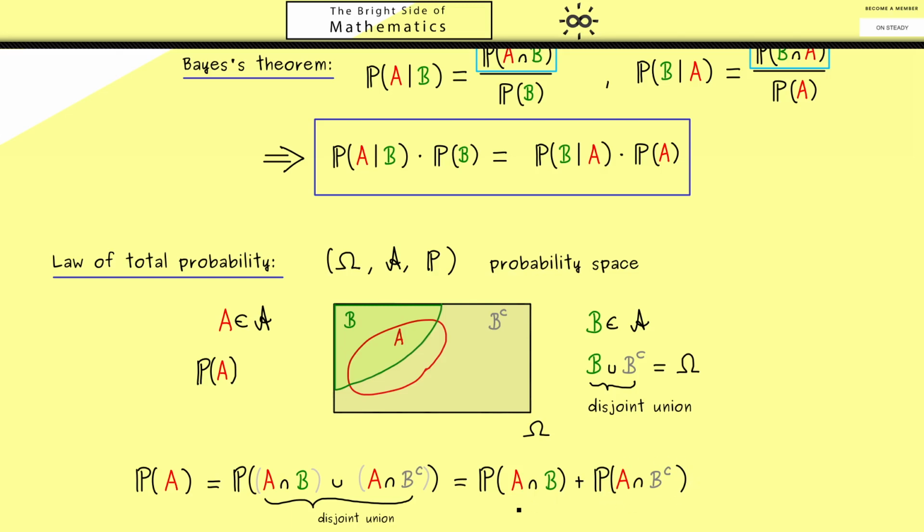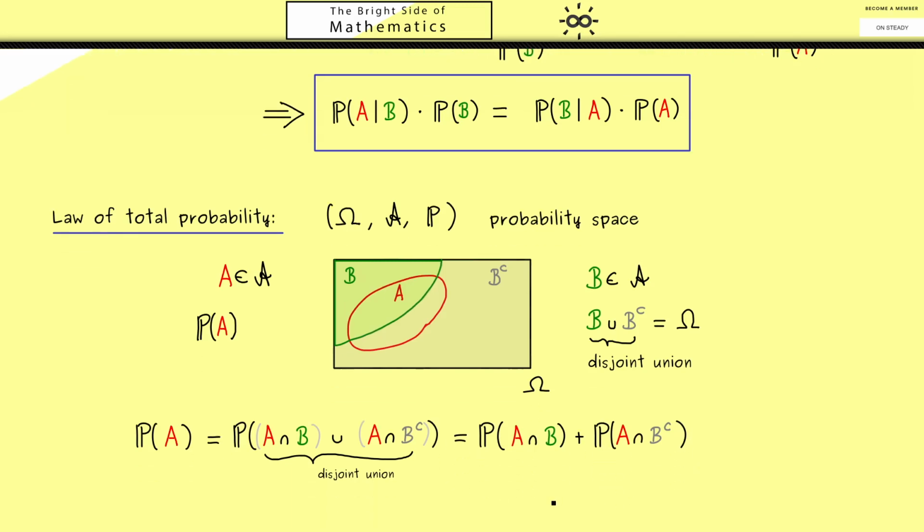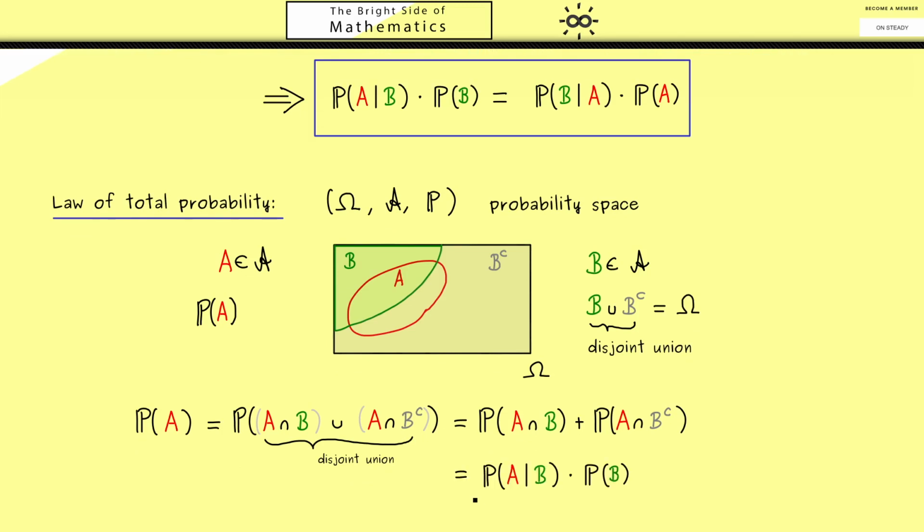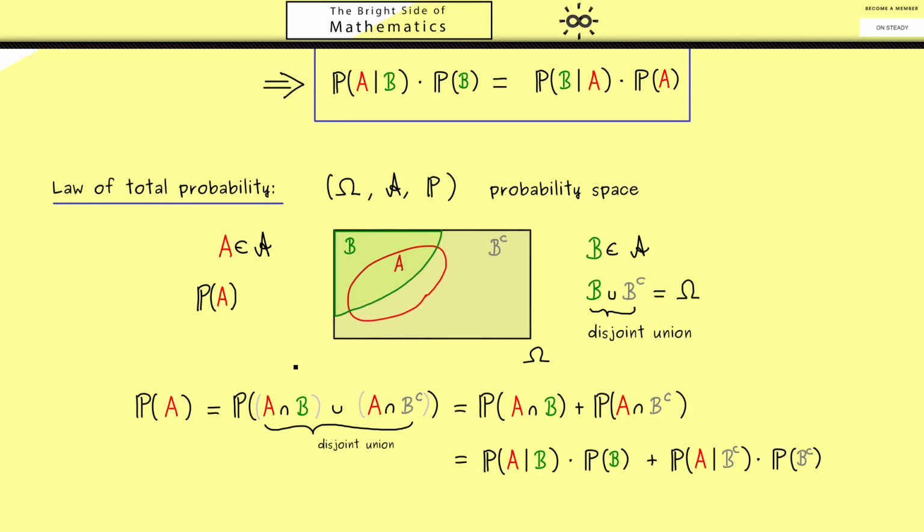Now as before, an intersection we can rewrite as a conditional probability. For the first one we write P(A under B) times P(B). And for the second one we use the same formula but now with the complement of B. So you see, this is a nice formula we can use to calculate the probability of A when we know these four probabilities here. However, the law of total probability goes even further.